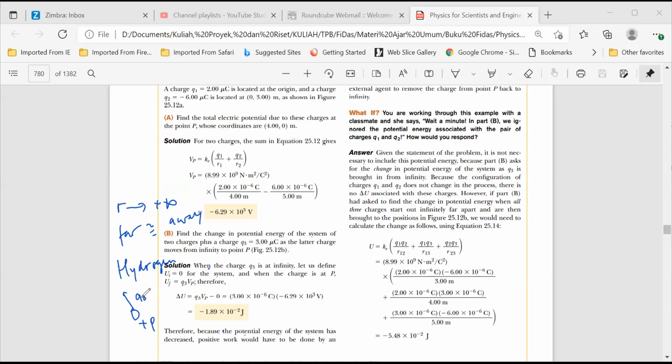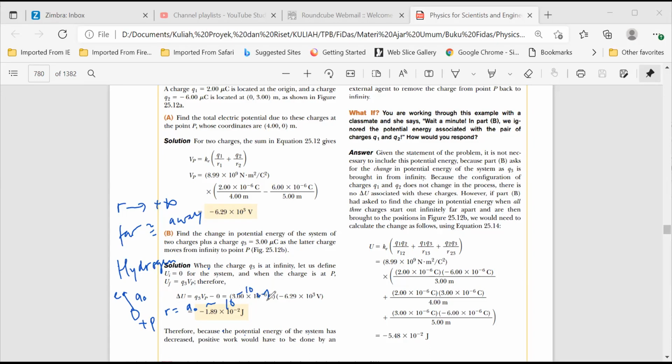If the electron is at the ground state, this R is equal to the Bohr radius, which is around 10 to the minus 10 meter.